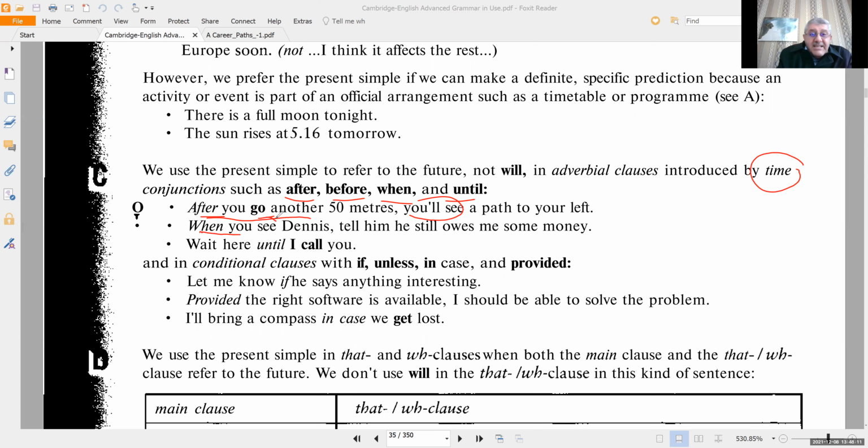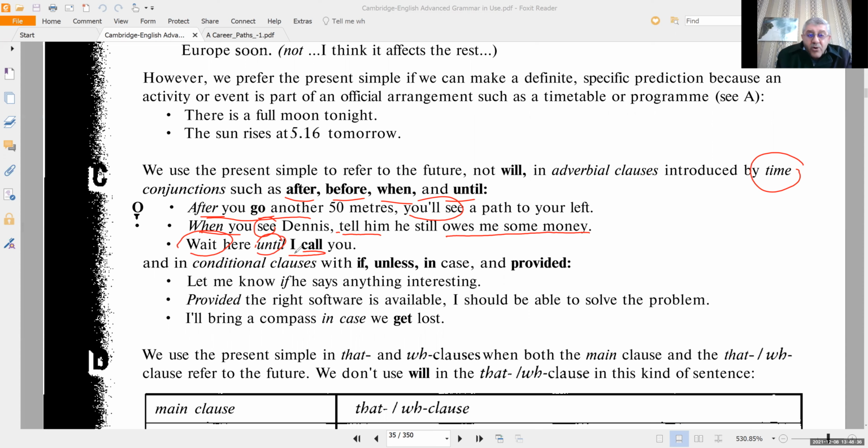When you see Dennis, tell him he still owes me some money. إذن عندما تشوف دينيس، إذا شفته قول له إنه he still owes me some money. Okay. Wait here until I call you. Wait، انتظر فعل أمر.